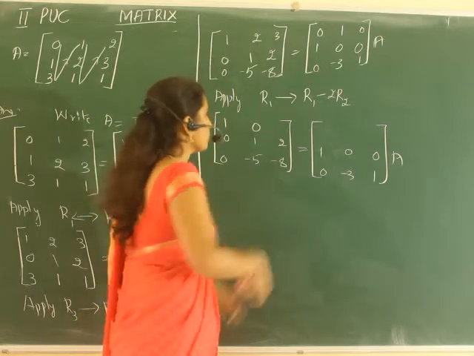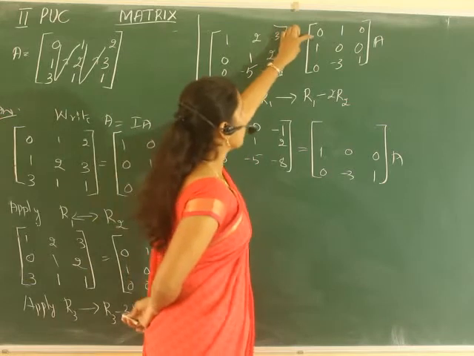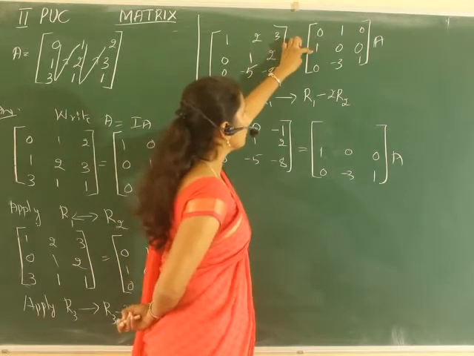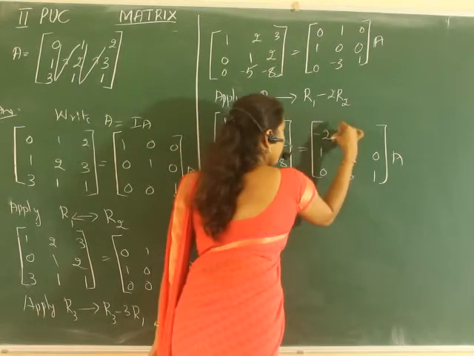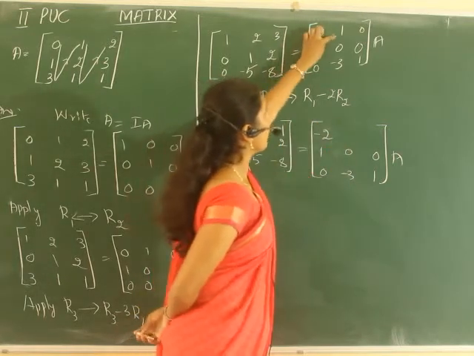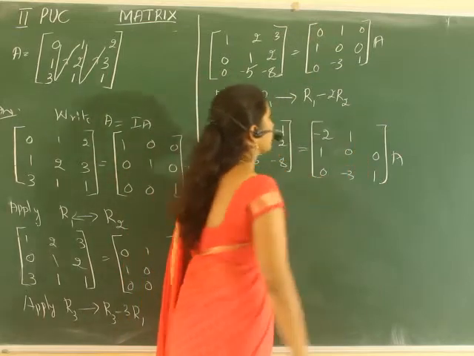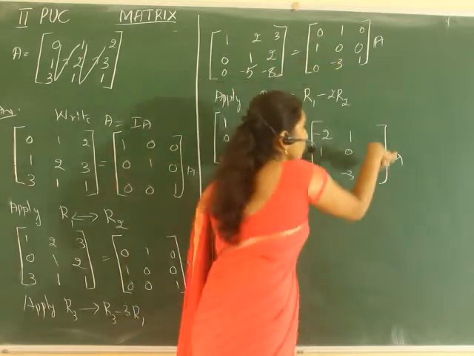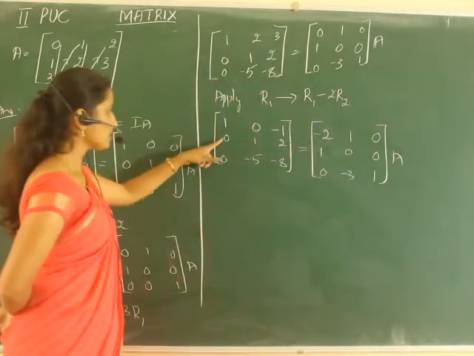So 3 minus 4 is minus 1. Then here 0 minus 2 into 1. 2 into 1 is 2, so it is minus 2. Then 1 minus 2 into 0 is 1. Then 0 minus 0, it is 0 only. So we have converted 1 0 0.